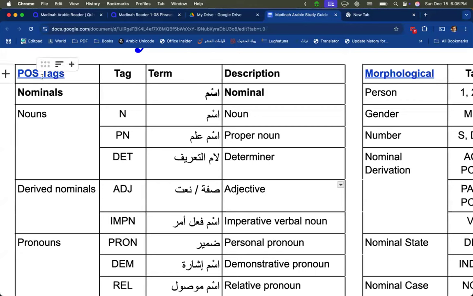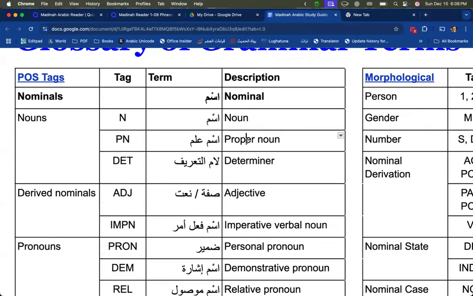So POS means parts of speech, okay? It doesn't mean what you think it means. So nominal, meaning any ism, is a part of speech. So you know ism, so I'm just gonna go ahead and color it here. I forget the coloring part. Maybe I can bold it.